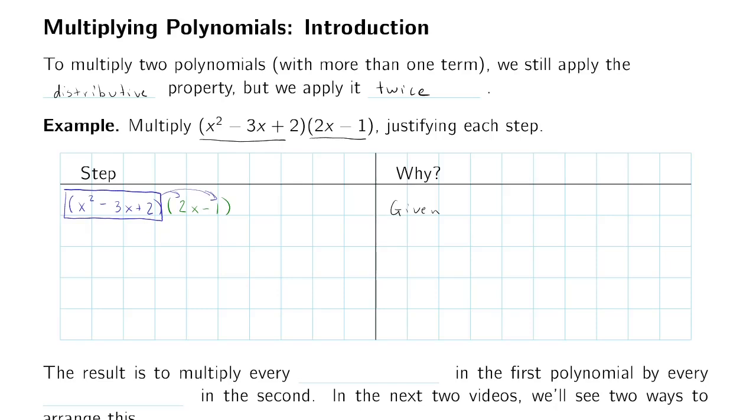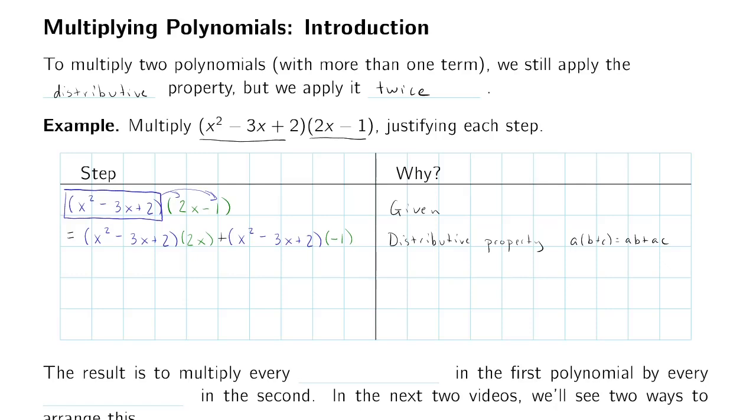So we're going to say this is equal to our first polynomial times 2x plus our first polynomial times -1. So that was applying the distributive property, thinking of that x squared minus 3x plus 2 as a closed unit. We're thinking we're applying the distributive property to the right.